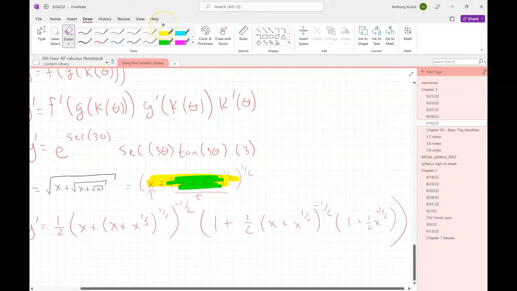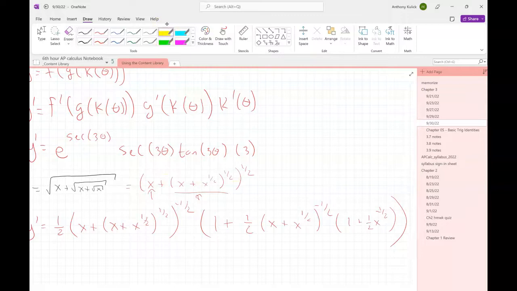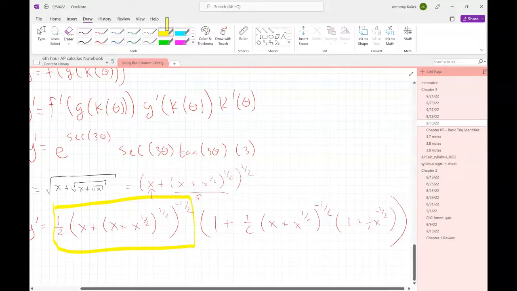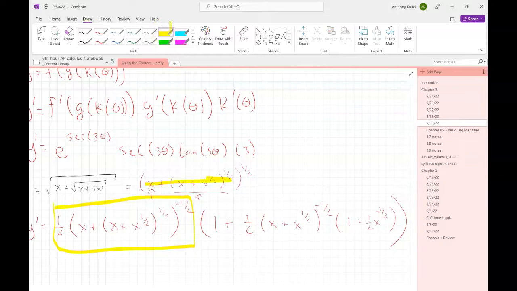Okay. So let's try to do that. This one is quite tough. Let's be clear, this is quite difficult. All right. So I looked at the whole thing. Right here is the derivative of the first outside. Okay. So now I'm going to be doing the derivative of the inside.